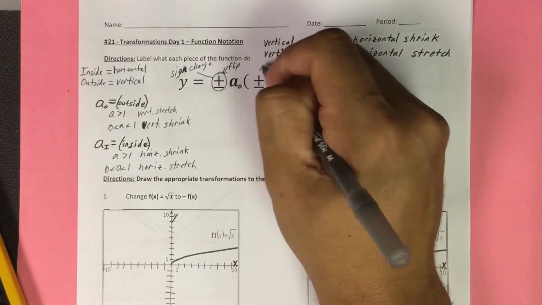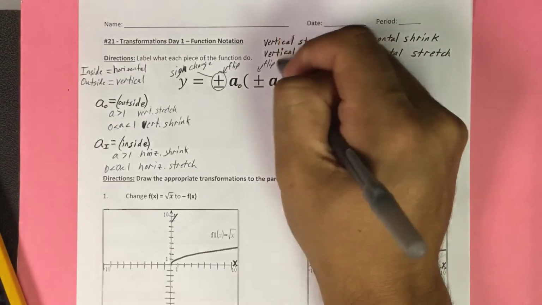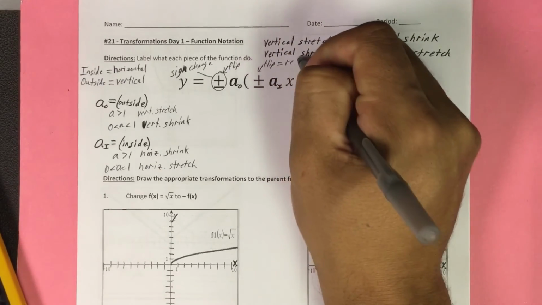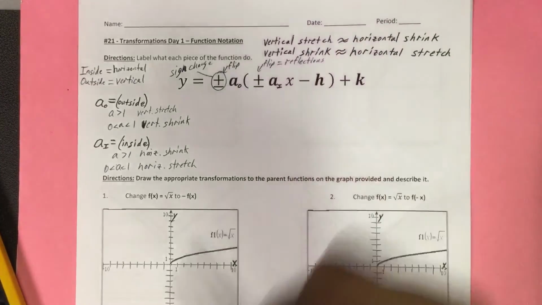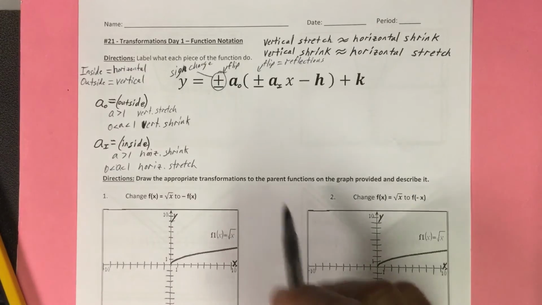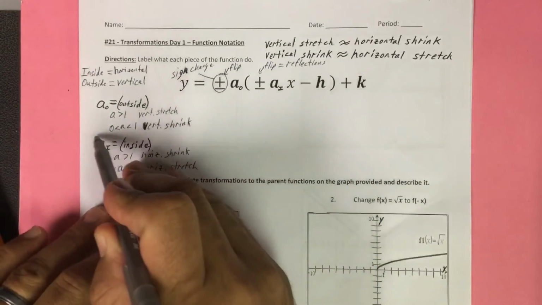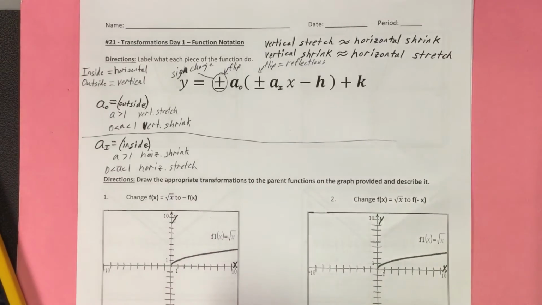Right, that one's a flip, that one's a flip. And flips, we say, are reflections. All right. So these are all the vertical stuff, and this is all the horizontal stuff.